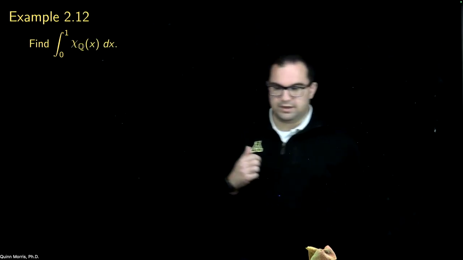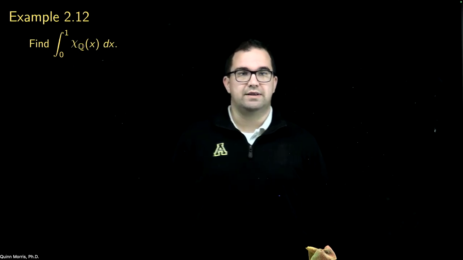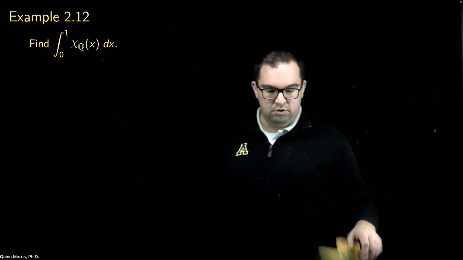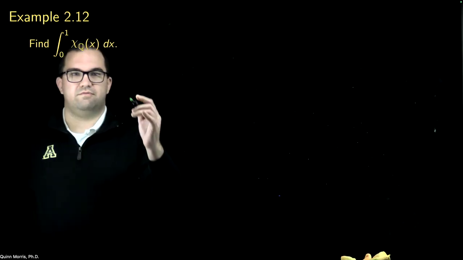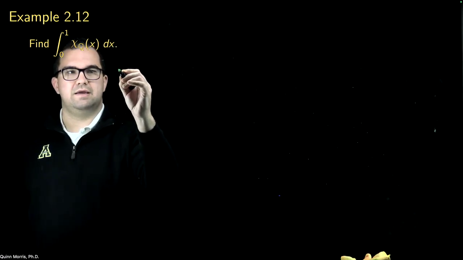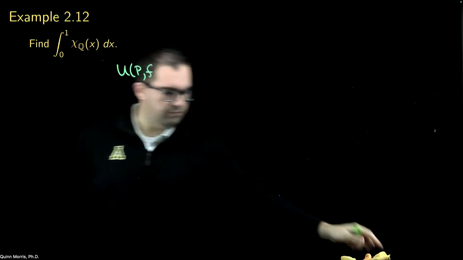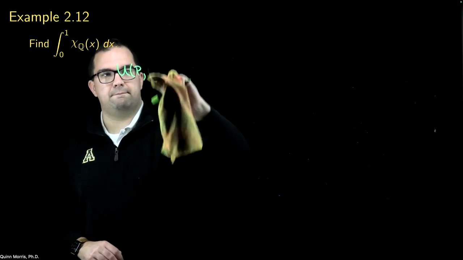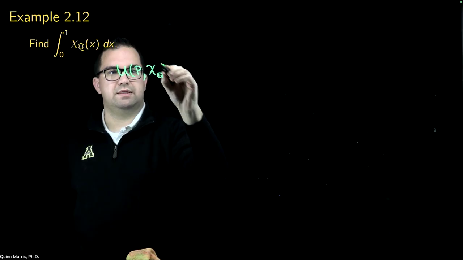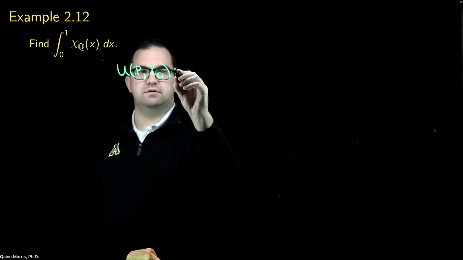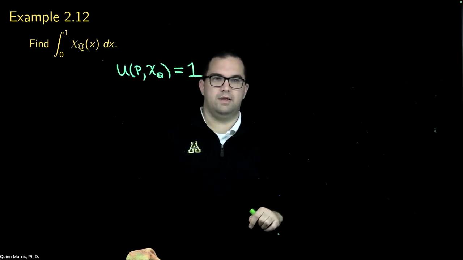But before we do that, I do want to look at one more example, and we're going to go back to the characteristic function of the rationals, which we looked at in the previous video. If you recall, one of the things we mentioned is that if you look at the upper Darboux sums of this function, let me write what this function is, you always end up, on the interval 0, 1, with 1.